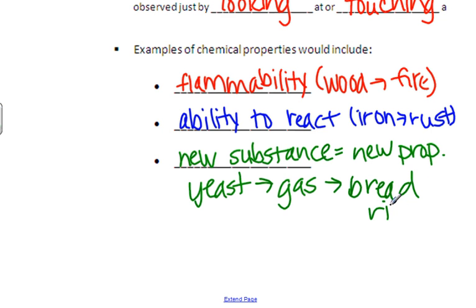Okay, so this is a chemical reaction to help bread rise. You can take a look at figure 3 in your book and you can see examples of all of those chemical properties. Okay, so we're going to stop here for our first section, and then we'll continue with our second part of this unit, which talks about elements, compounds, and mixtures. Thank you for listening.